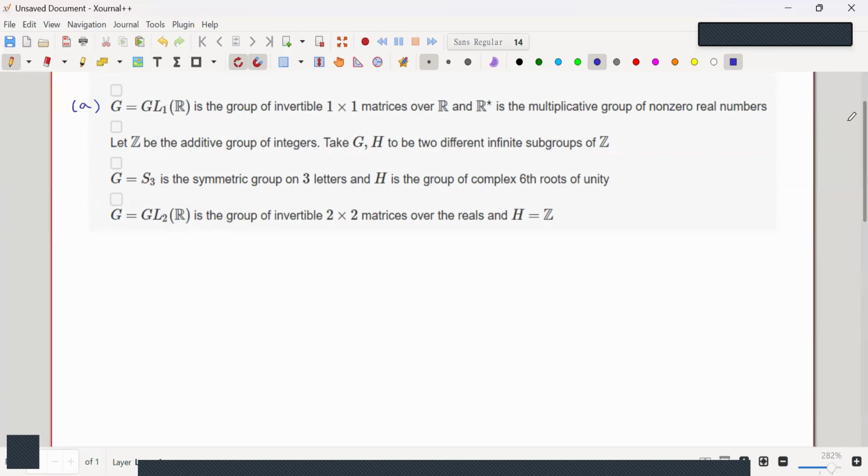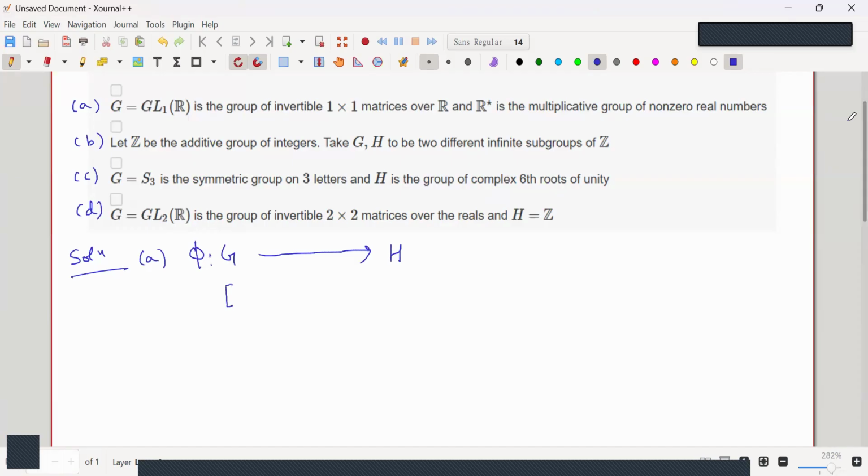What is the isomorphism? Suppose A is some matrix belonging to G, that will contain a single value, say A. So I map that matrix to A in R star. G is your GL1R, H is the R star.